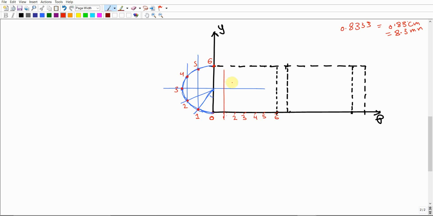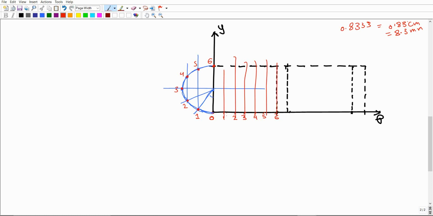So a vertical line, and from this mark another vertical line, and so on. And definitely the last one should be considered to the vertical line here, which should be this one.